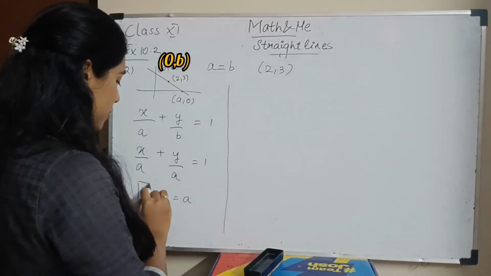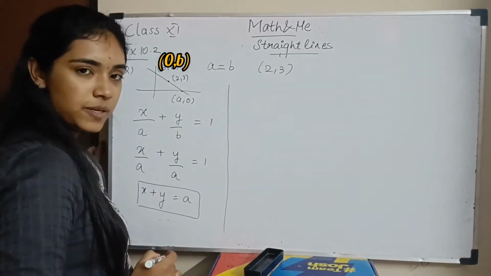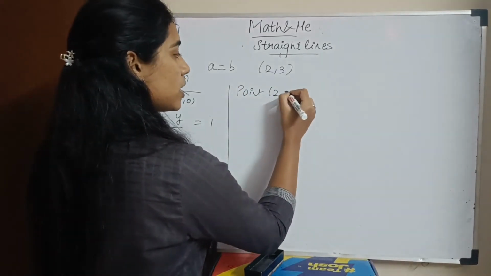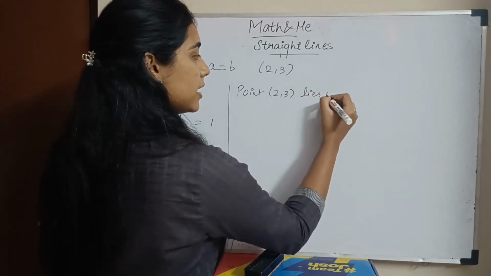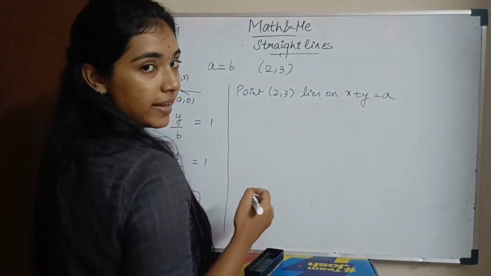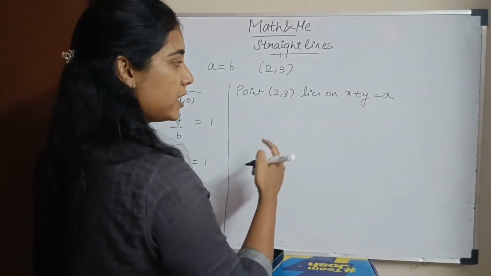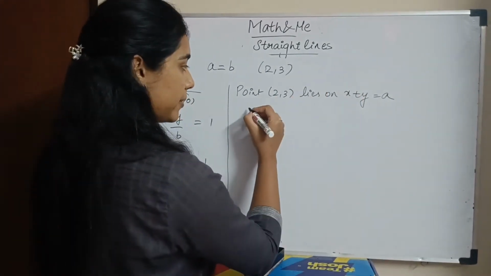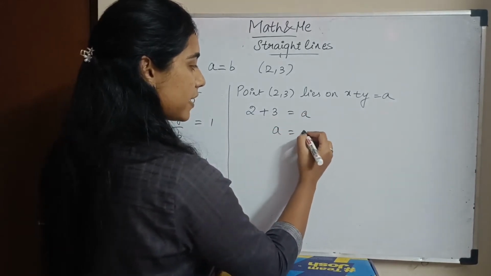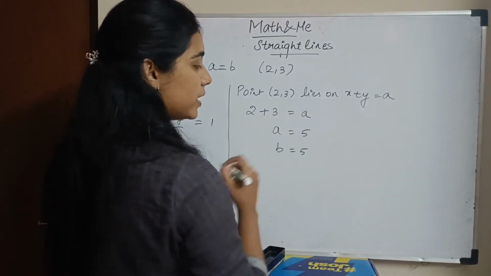And the equation of this line that we just found is x plus y equals A. If the point (2, 3) lies on x plus y equals A, then it should satisfy the equation, right? So you substitute for x and y. 2 plus 3 equals A. A equals 5, which means B is also equal to 5.